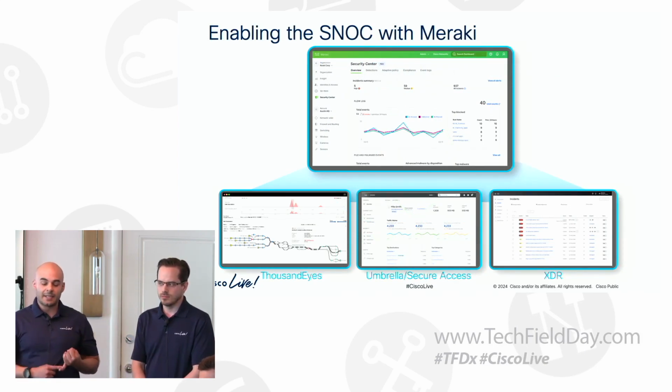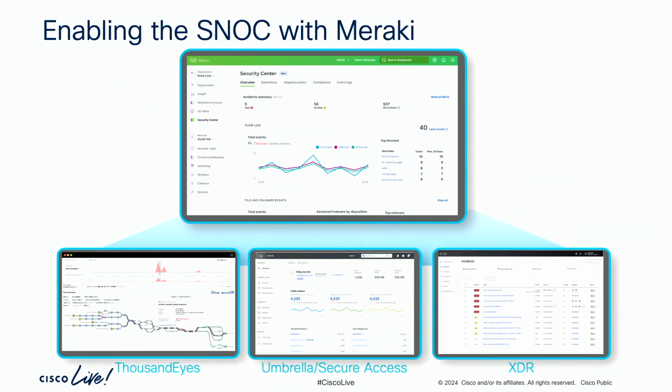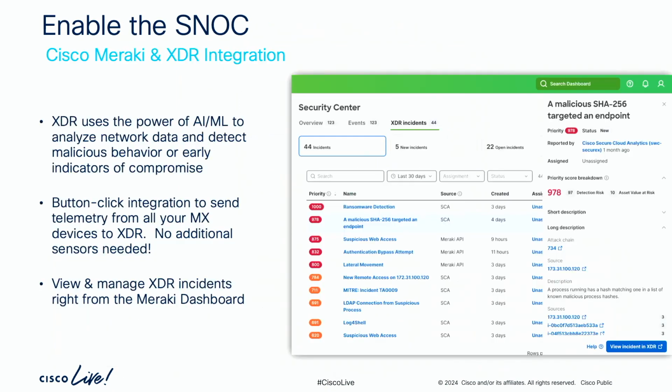We have ThousandEyes. We're bringing that into the dashboard already. We have Umbrella that's already been integrated with the dashboard, and now we have XDR. We're bringing XDR into the dashboard as well, and we're actually taking that a step further. For those online that aren't aware of what XDR is, basically what it does is it takes in telemetry. It could be API-based telemetry, or more commonly NetFlow telemetry.